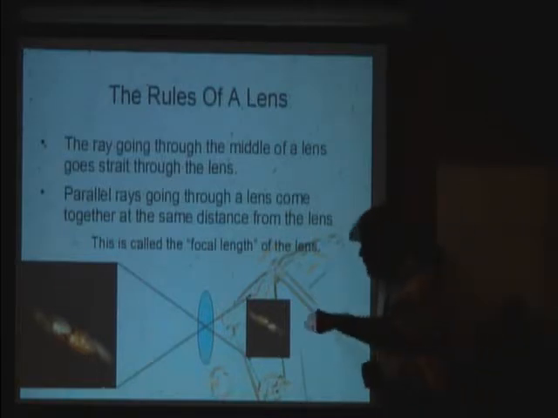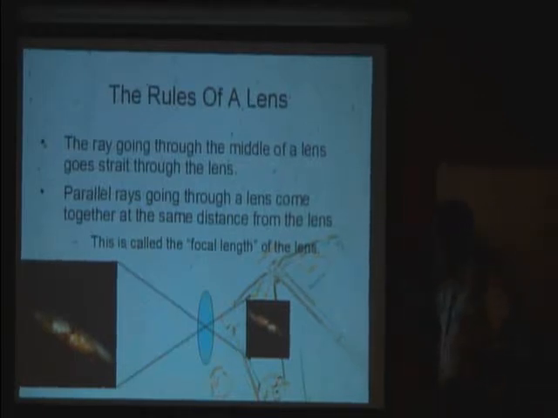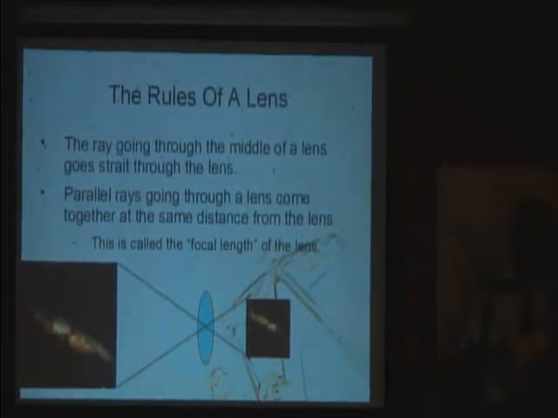And so if we have this image way out there, we have the lens, then we'll get a real image of whatever we're looking at, and it'll be inverted. Notice this is upside down, and we can put it on a screen and actually see it. This is an example of a real image. Okay?